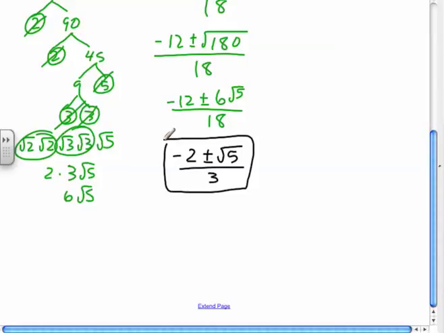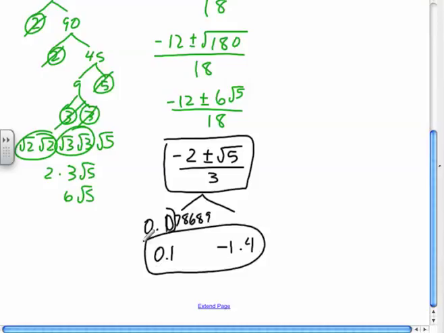So I'm going to take my trusty calculator, and I'm going to do negative 2 plus square root 5, and I'm going to divide it by 3, and I'm going to get 0.0786889. All right, and I'm rounding to the tenth, so 0.1. And then I'm also going to get negative 2 minus square root 5 divided by 3, and I'm going to get negative 1.4. All right, those are my 2 decimal answers, and that's my simplified radical.